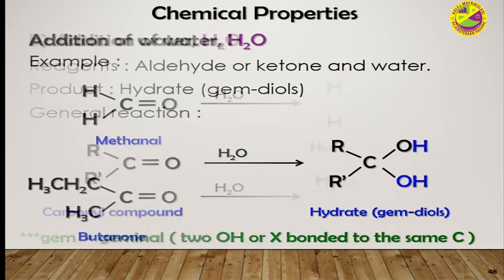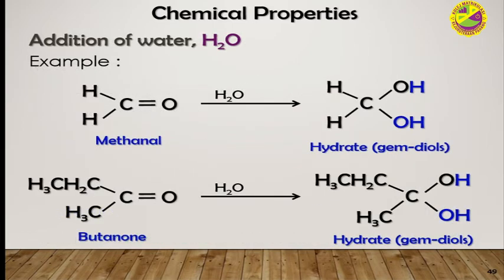If we look at the examples, the first one we have methanal. When it undergoes nucleophilic addition with water, the carbon double bond O is lost and the product will be a carbon attached to two OH groups. The same goes for the next example, butanone.